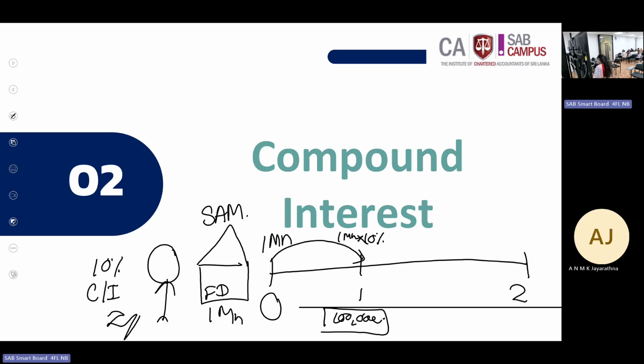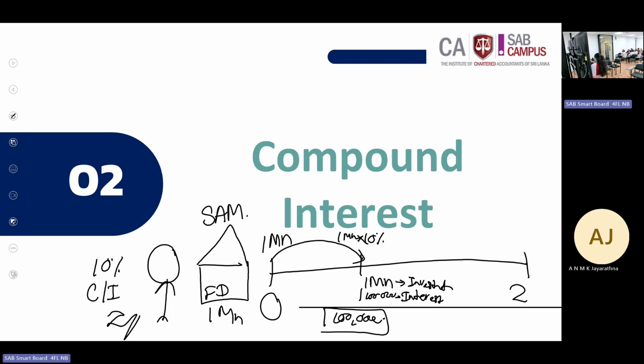But what happens with compound interest? You have 1 million, and your investment renews with the 1 million plus the 100,000 interest. This is the interest, and this is your investment.